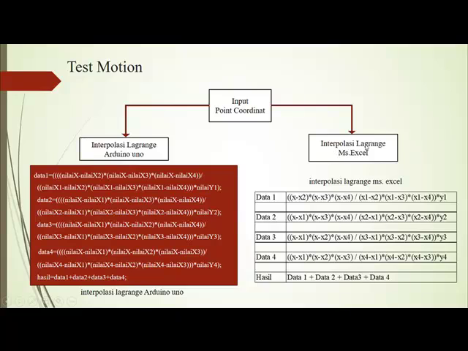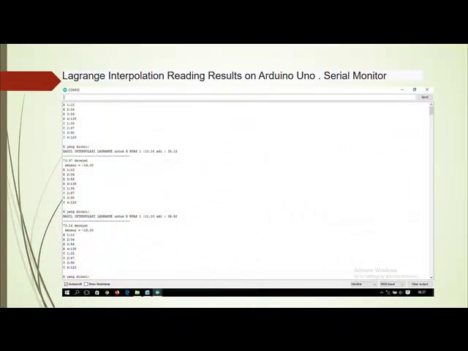Lagrange interpolation in Excel looks like this. We have four data points. And this is the Lagrange interpolation reading result on the Arduino Uno serial monitor, like this picture.